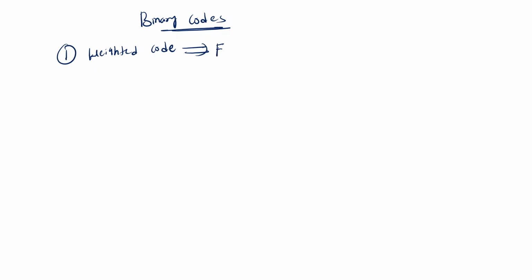And next, there are binary codes. What are these binary codes? First is the weighted code. What are weighted codes? Weighted codes are nothing but each digit position has a weight.